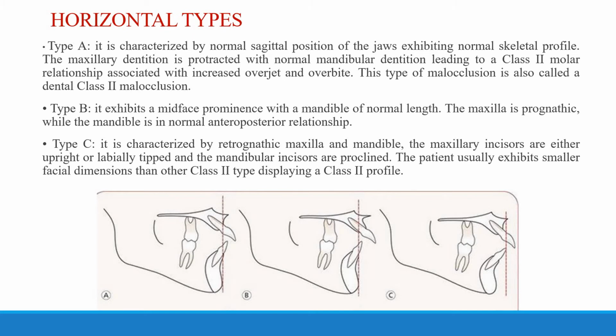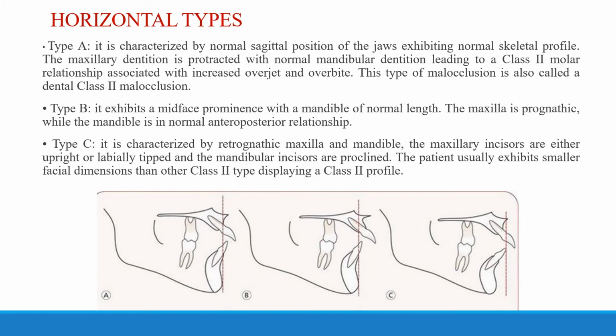There are many variations in horizontal types of class 2 malocclusions, ranging from those having normal skeletal features but class 2 dental characteristics to distinctly different skeletal types. Type A is characterized by normal sagittal position of the jaws exhibiting normal skeletal profile.